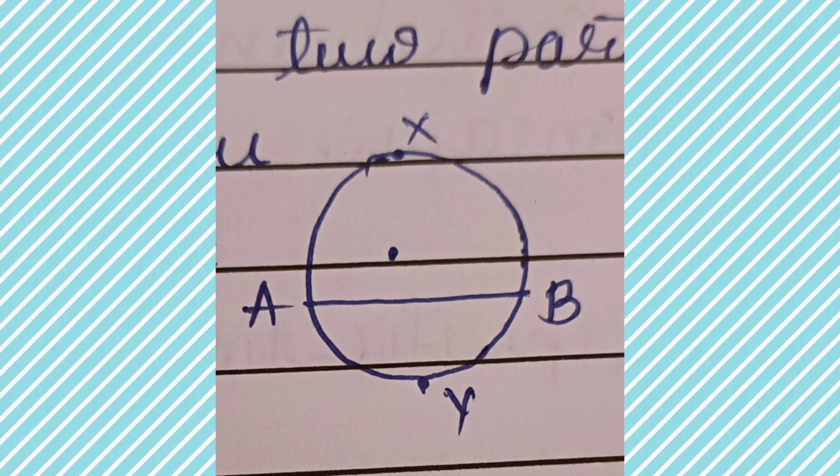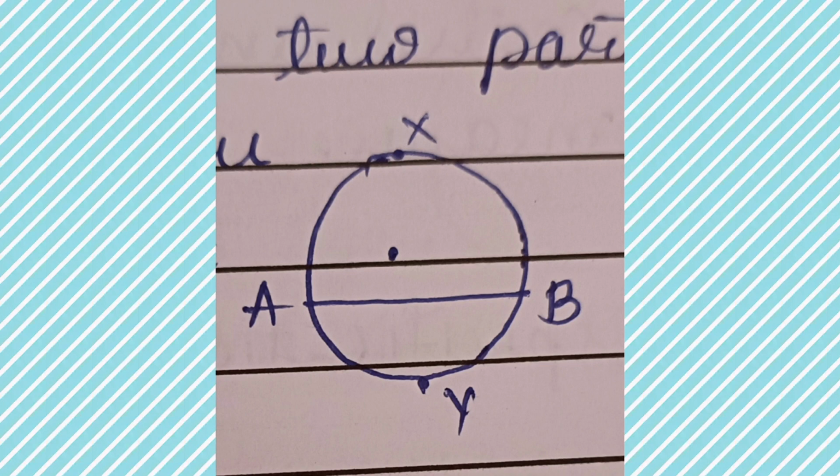Students, can you see this circle here? Yes. A chord AB divides the circle into two equal parts, right? No, ma'am, not in equal parts, but it divides the circle in 2 parts. Okay, what can you observe here in this figure? That is called AB, and here AXB and AYB are also there.